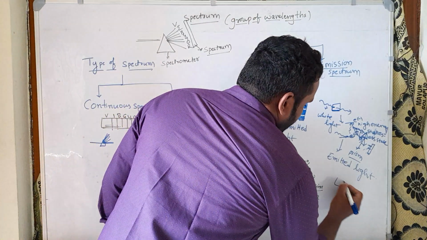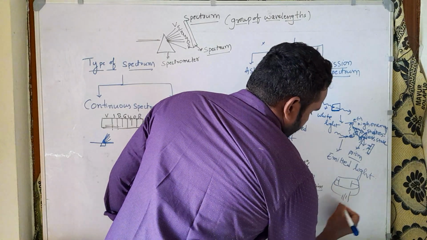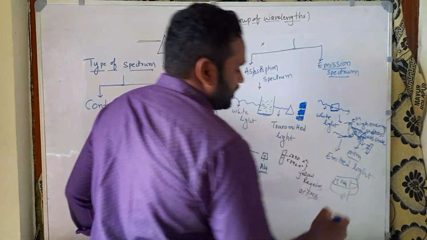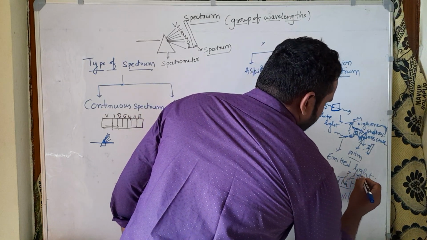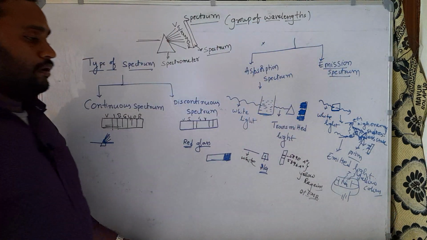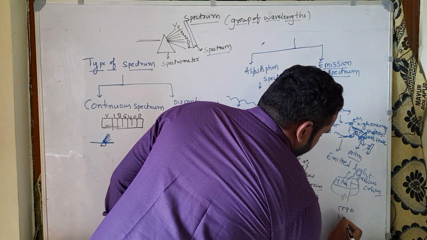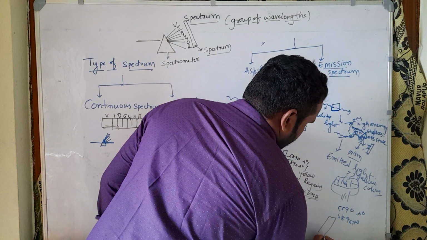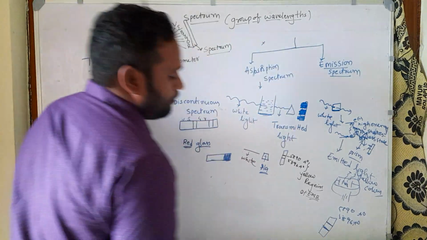So here, when you pass an electric discharge through sodium, this sodium is going to release some yellow color in the range of 5890 and 5896 Angstroms. Which means here we are getting bright lines over a black background.